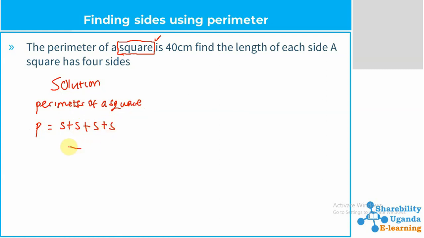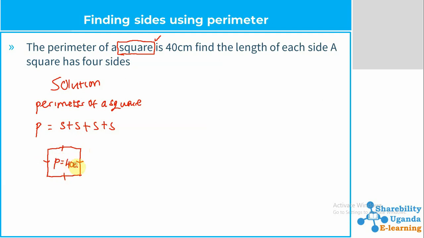So assuming this is our square, with all sides equal, they have given us our parameter here as 40 centimeters.